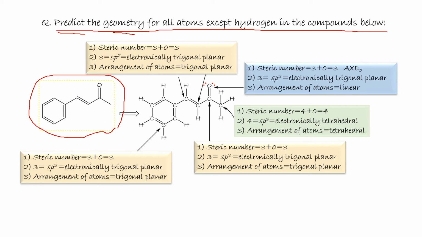Geometry connected to hybridization. Hybridization, I get to know it from number of sigma bonds and lone pairs. So keep in mind to show all sigma bonds, so the first step is to add all carbon hydrogen sigma bonds.